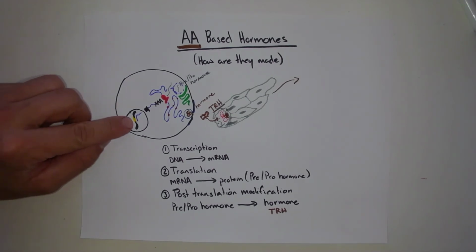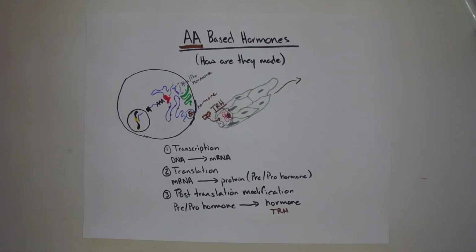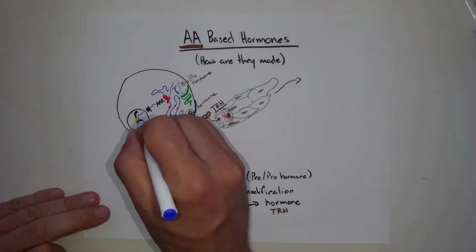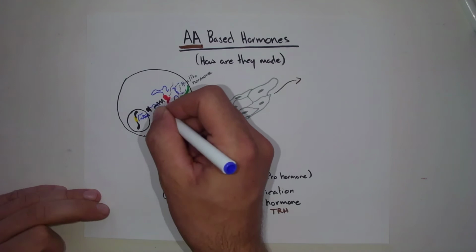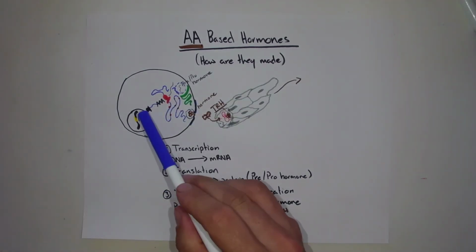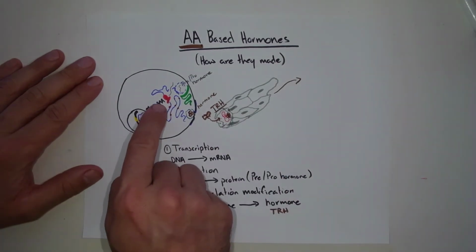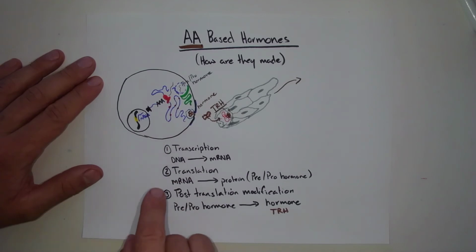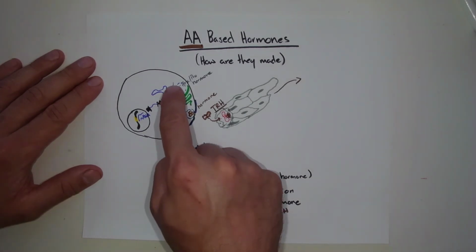We have a gene for TRH. We transcribe that gene into messenger RNA. To that messenger RNA, we add a 5' cap and a poly A tail and then send it through a nuclear pore, where it will encounter a rough ER ribosome and be translated from the messenger RNA into the pre-pro hormone.